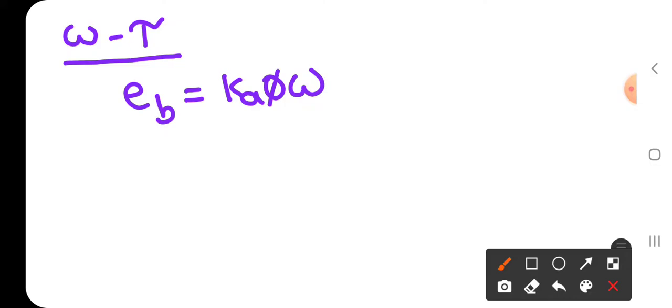Ka is the armature constant, and the other equation is torque is Ka phi into Ia.